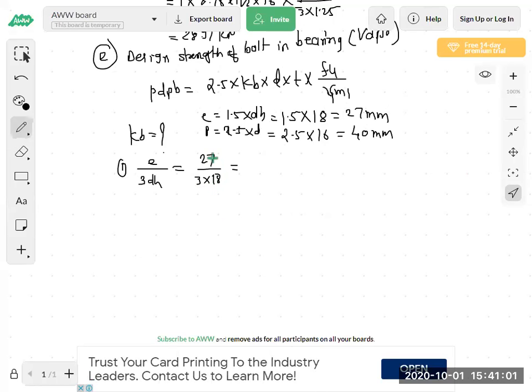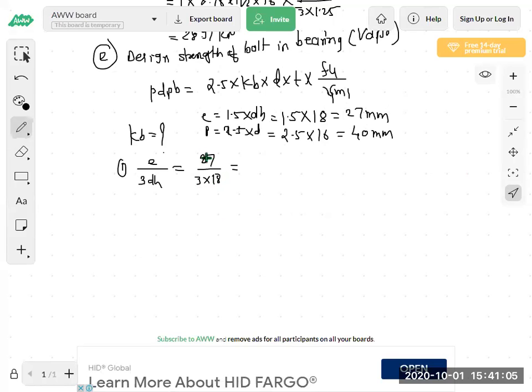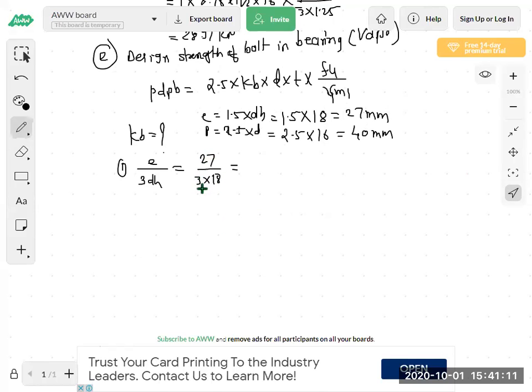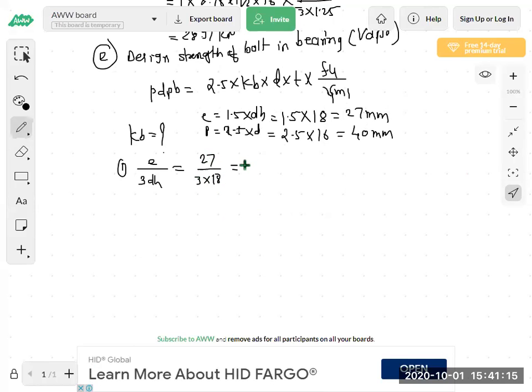So say 0.5. This is 27, and this is 54. Correct. This is 0.5.